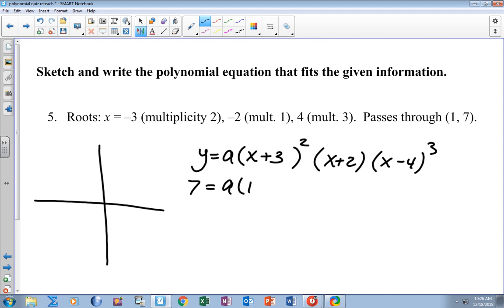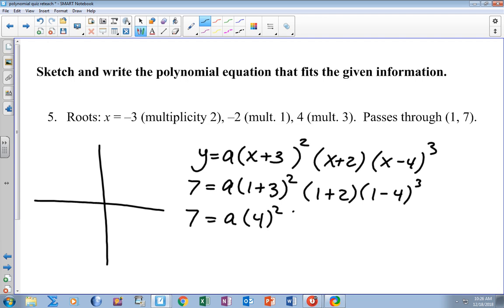So 7 equals a times (1 plus 3) squared times (1 plus 2) times (1 minus 4) cubed. That gives us 7 equals a times 4 squared times 3 times negative 3 cubed. So 7 equals a times 16 times 3 times negative 27.